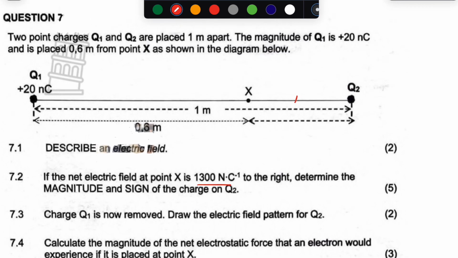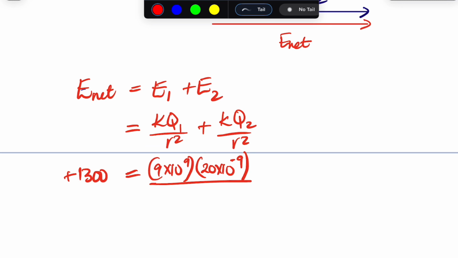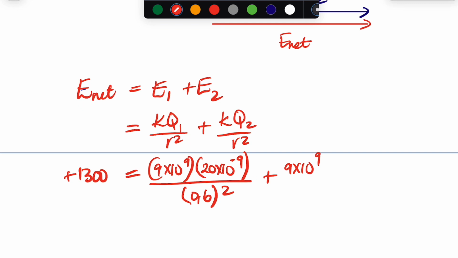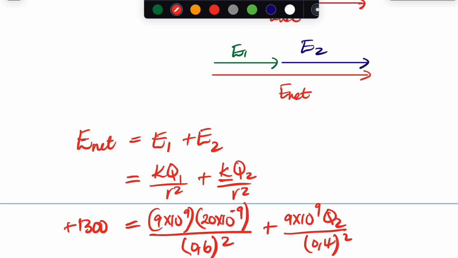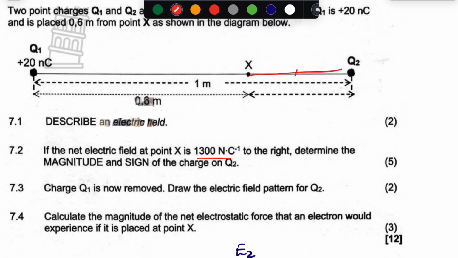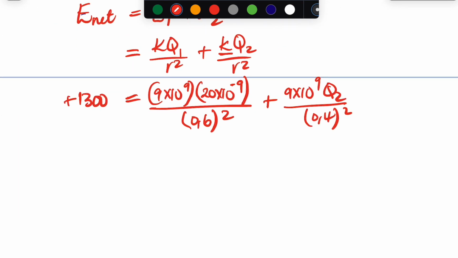The distance from here to X is 0.6, so 0.6 squared, plus, for electric field 2, we put the k there, then we want Q2, and the distance there, as I've mentioned, is 0.4 squared, this distance here. And then the math behind all this.